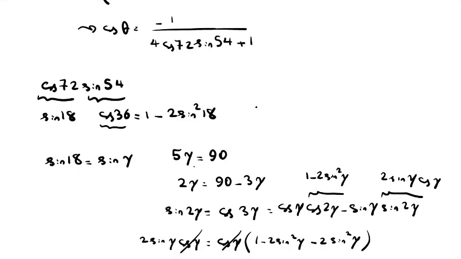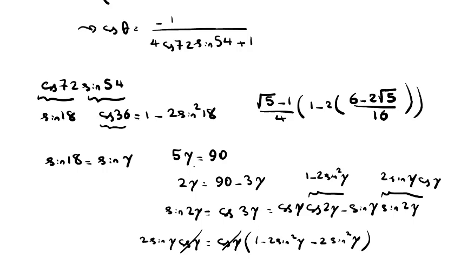If we replace, we have root 5 minus 1 over 4 times 1 minus 2 sine squared. It will be 5 plus 1, 6 minus 2 root 5 over 16. Okay, so if we expand, we can cancel 16.